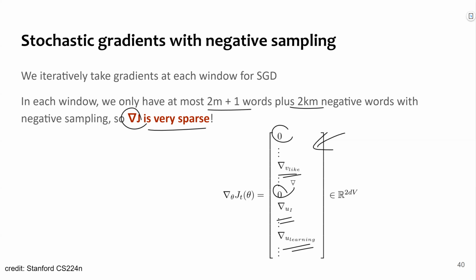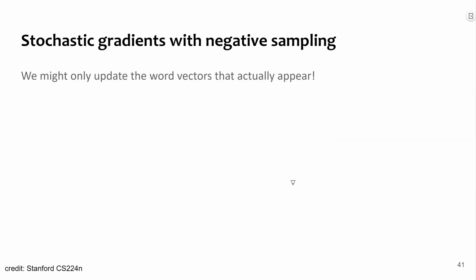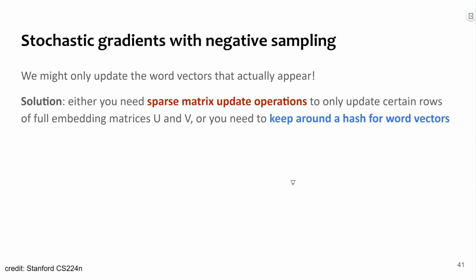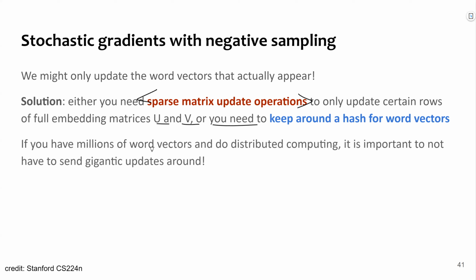Therefore, this gradient is very, very sparse, and handling this gradient all the time is very inefficient. We might only update the word vectors that actually appear in our window. The solution is either you need sparse matrix update operations to only update certain rows of the full embedding matrices U and V, or you just keep around a hash for word vectors. If you have millions of word vectors and do distributed computing, it is important not to have to send gigantic updates around.